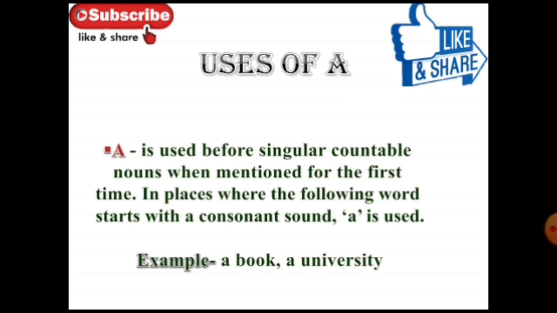While pronouncing U as a vowel, we say umbrella, up, understood. But here U sounds similar to its name, so a is used over there.